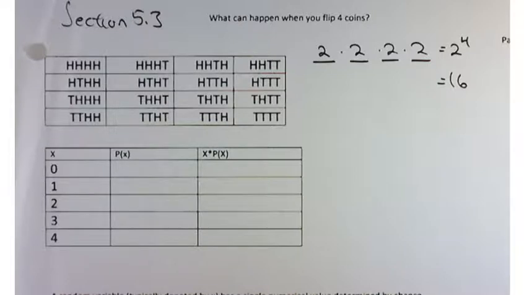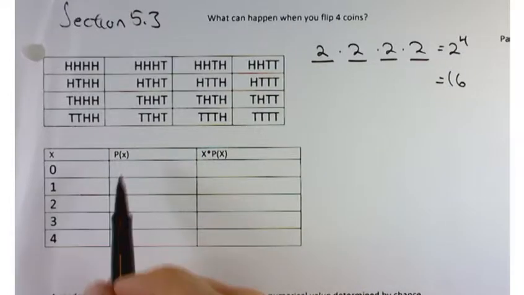On average, if you flip 2 coins, how many heads do you expect? Or if you flip 4 coins, or flip a coin 4 times, how many heads do you expect on average in that experiment? 2. Let's see if this distribution meets our expectations.